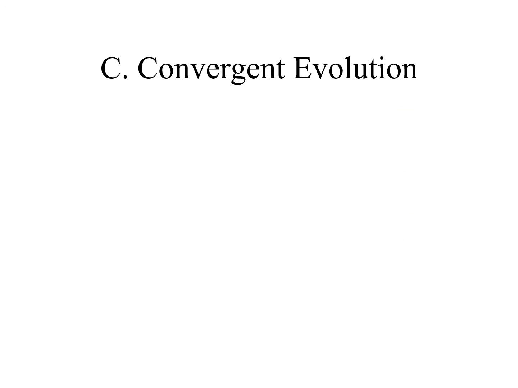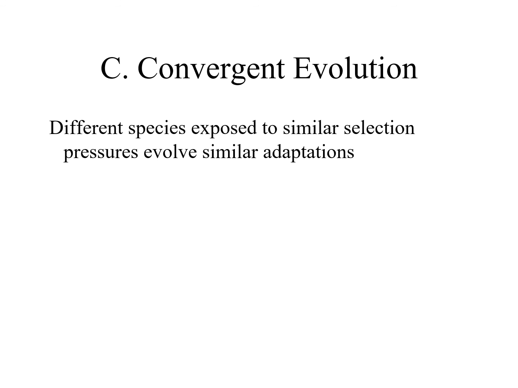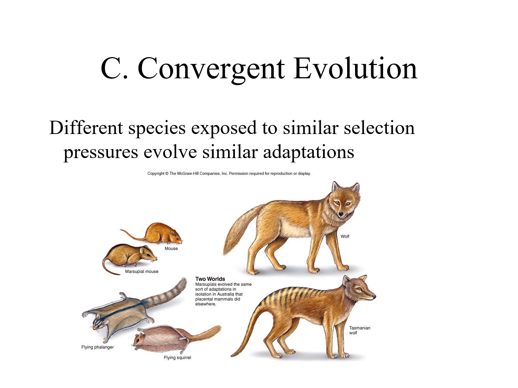Now, finally, just a couple more notes about natural selection. Previously, we talked a little bit about convergent evolution. So convergent evolution happens when different species are exposed to similar selection pressures and they evolve similar adaptations. And there are some very striking examples of convergence on broad scales.